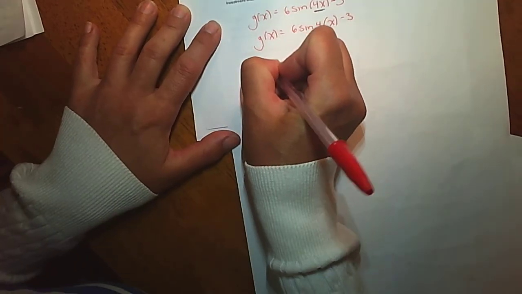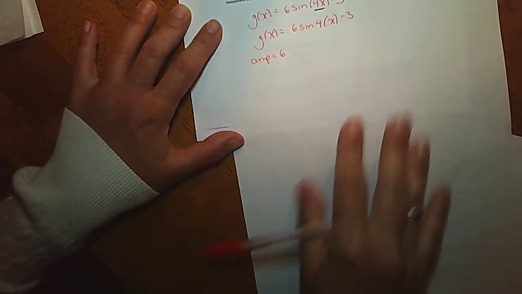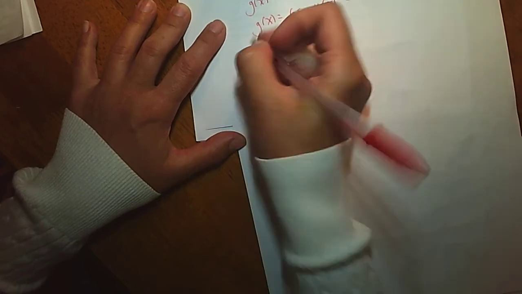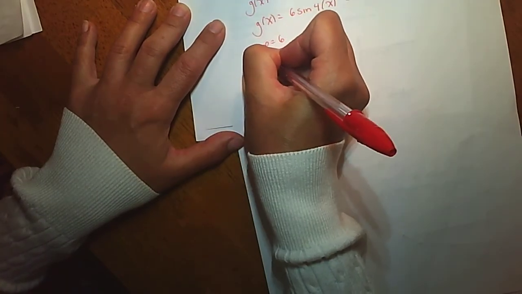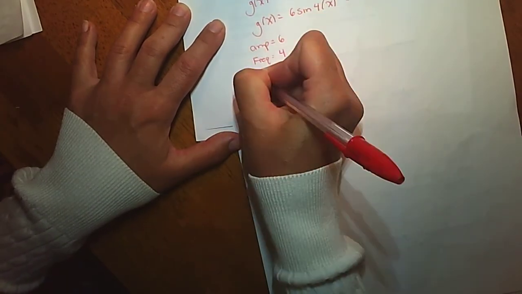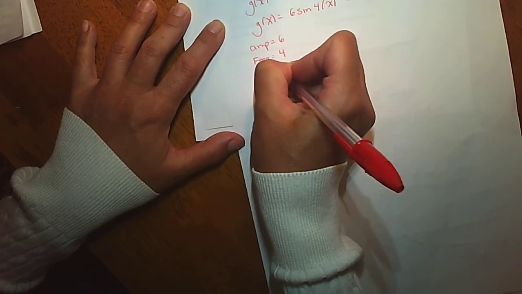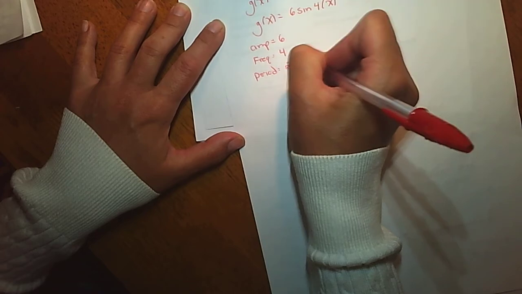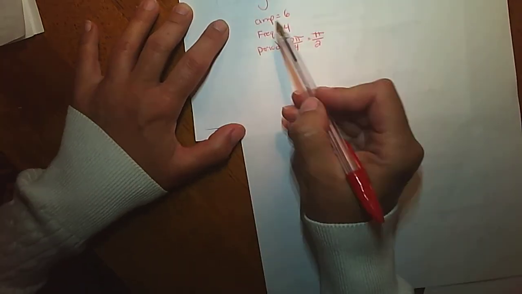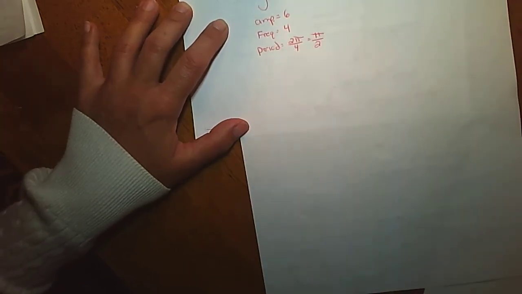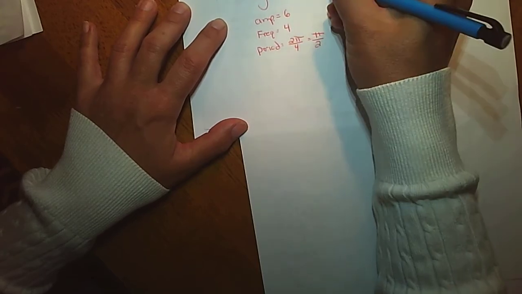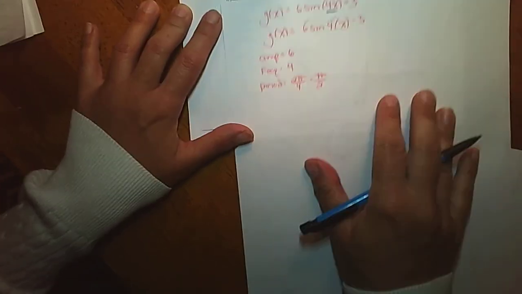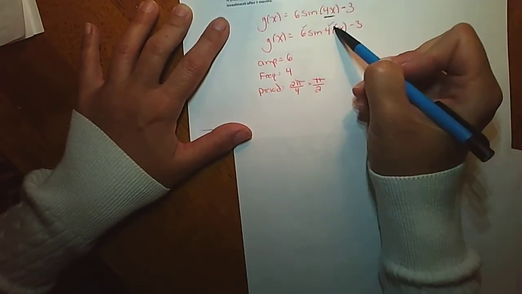So the amp is 6. We already talked about that. So that's amplitude. The frequency is 4. And then the period, which is 2 pi over 4, which is pi over 2. All right, so amplitude, frequency, period, I got from those two, the 6 and the 4.